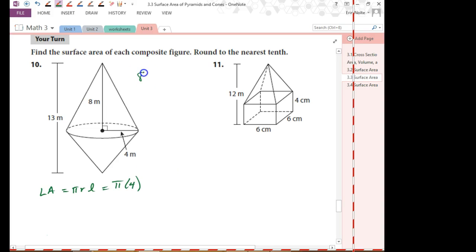Let's see. 8 squared plus 4 squared is equal to L squared. 64 plus 16 is 80. Anybody know the square root of 80? 8.94. Just throw that down there, 8.94. So what is 8.94 times 4 pi?